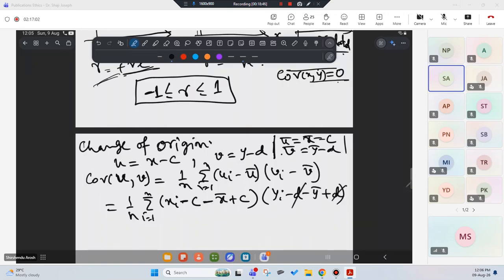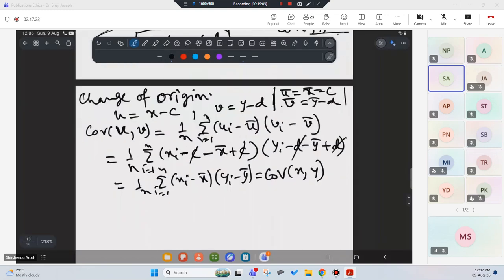So that means 1 by n, sum of xi minus x bar, yi minus y bar, which is nothing but the covariance of xy. So change of origin does not hamper the covariance. And if you remember, change of origin does not hamper the standard deviations either.